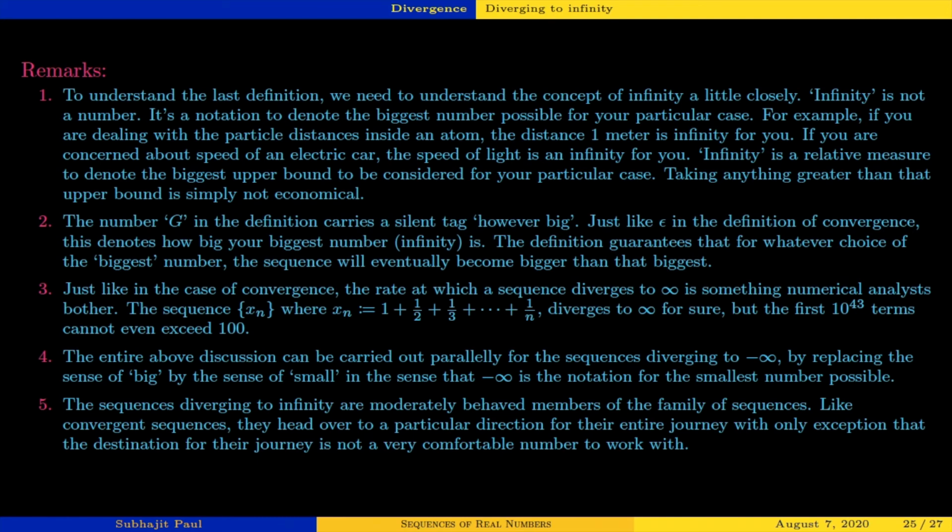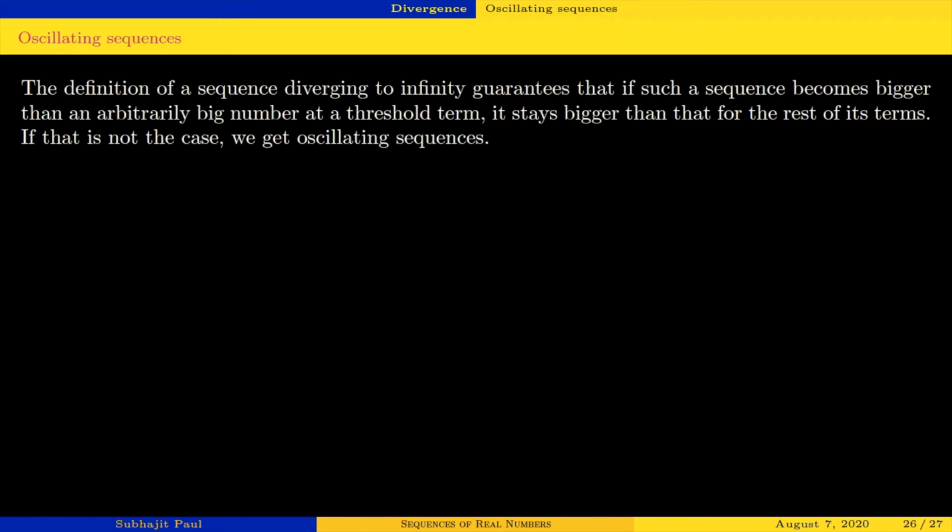It is going to be outside of our view in the case of sequences divergent to infinity or minus infinity, or it will be converging to a certain limit in the case of convergent sequences. So convergent sequences are definitely good, well-behaved members, and these are sort of moderately behaved members.